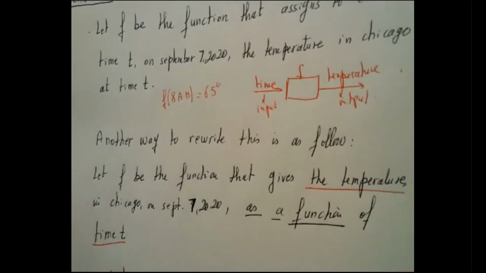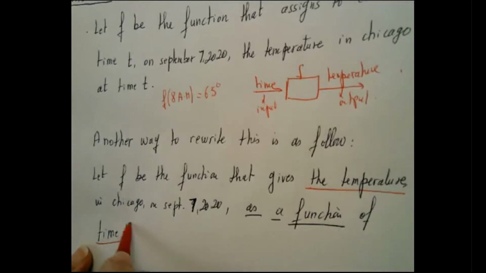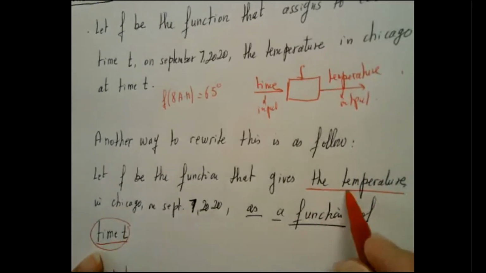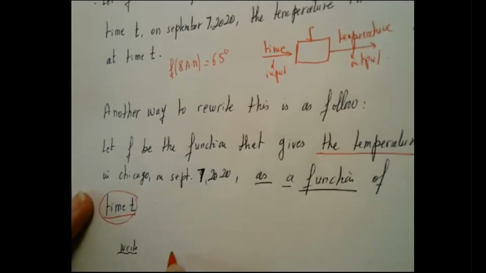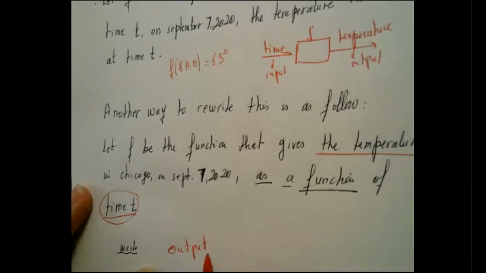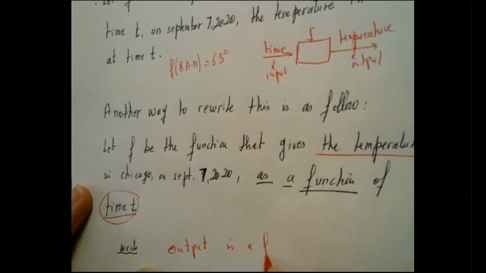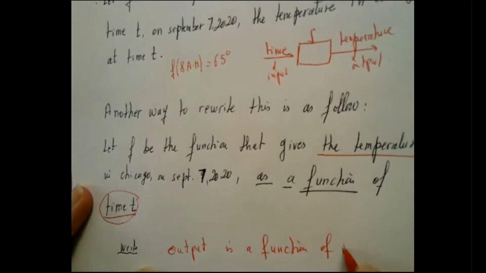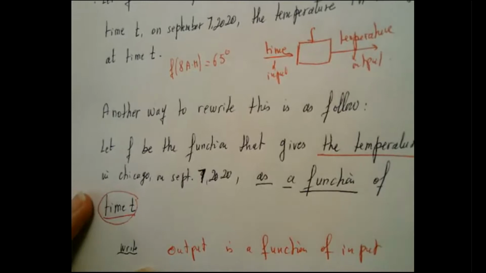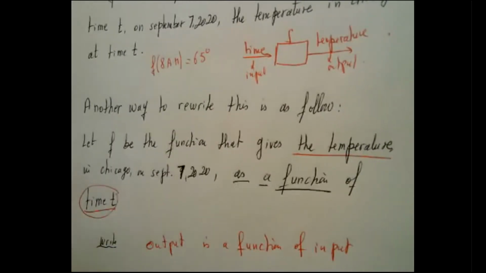This is another way to say, let f be the function that assigns to the time the temperature. So the way we write this is always: the output is a function of the input. Sometimes the book is trying to be very exact.